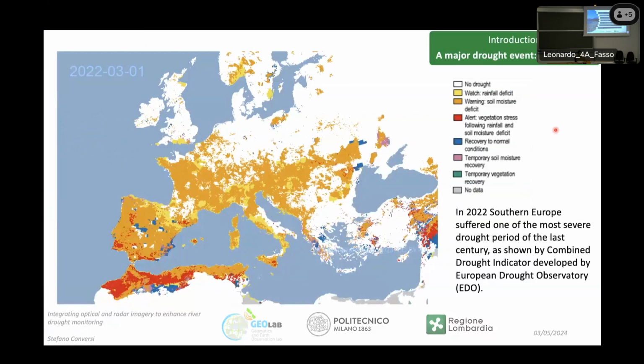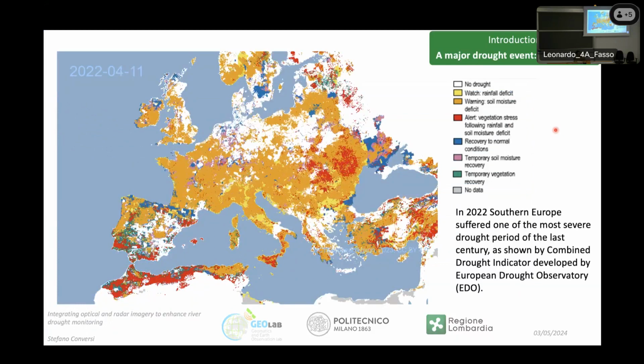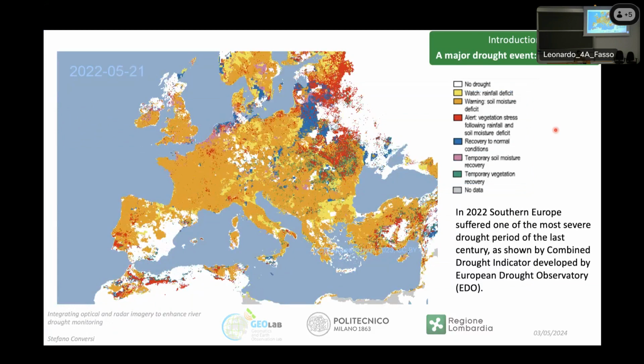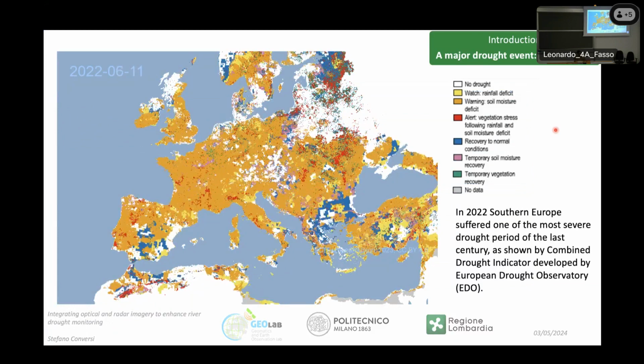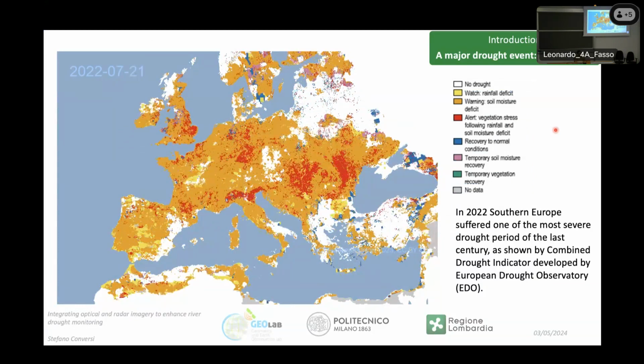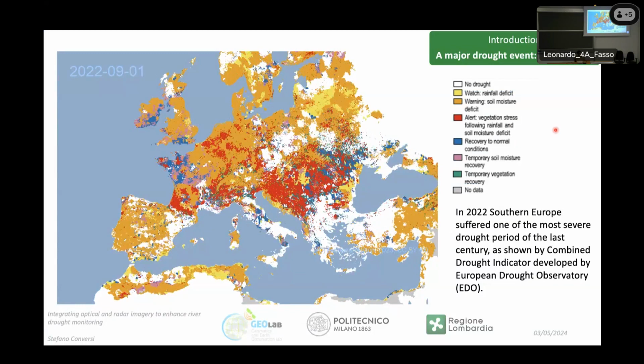So, first of all, we know that Italy and Europe, more in general, suffered a big period of drought in 2022. Specifically, we can find evidence both for Europe, Southern Europe in particular, and also for northern Italy.